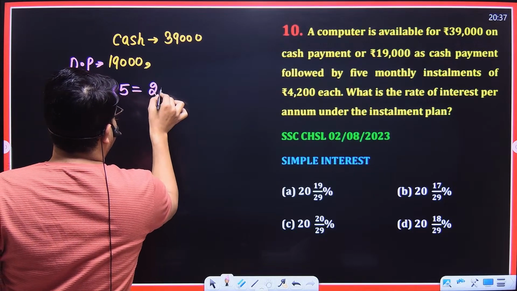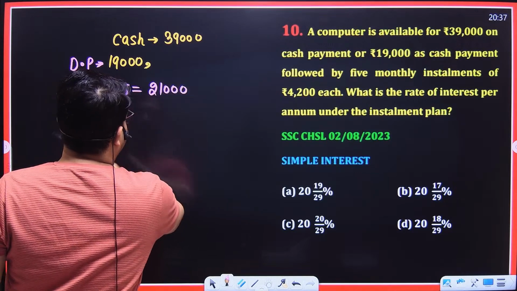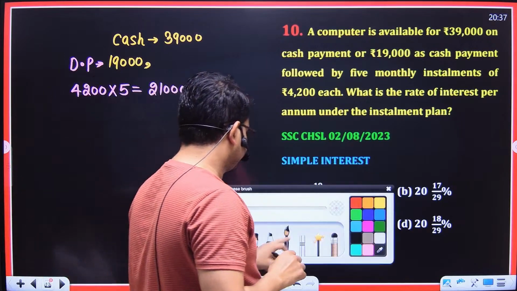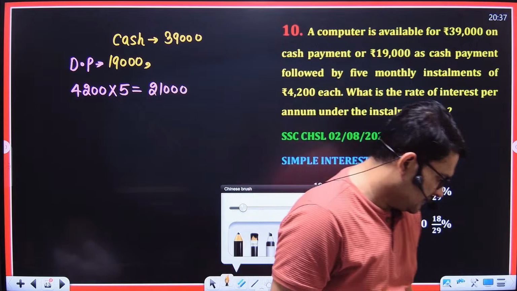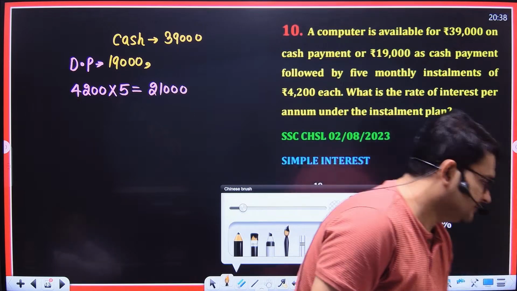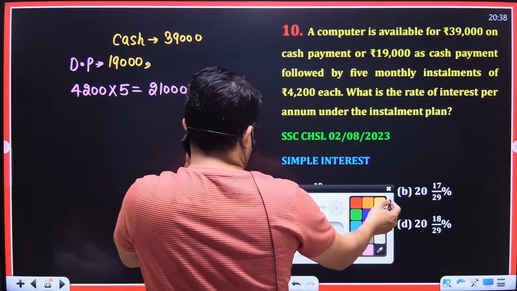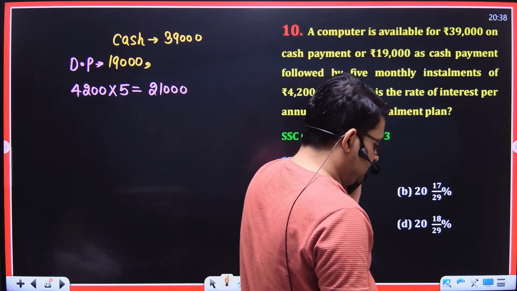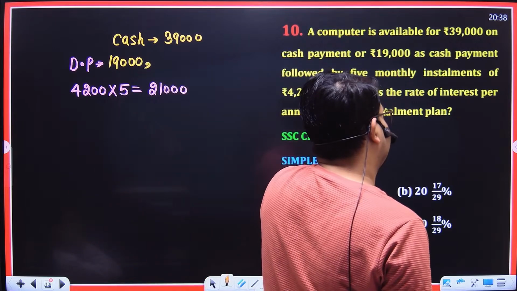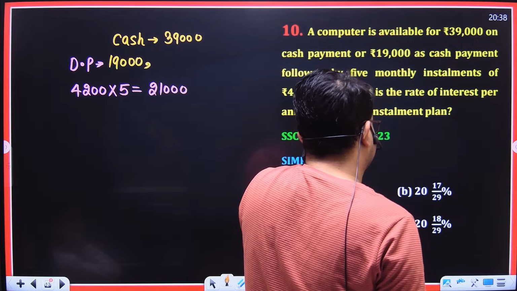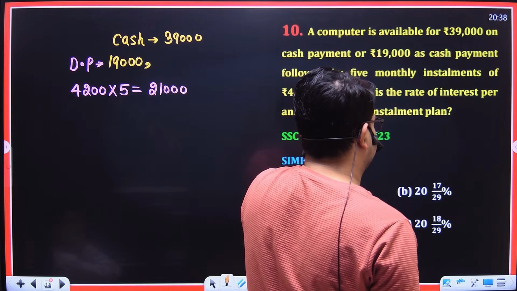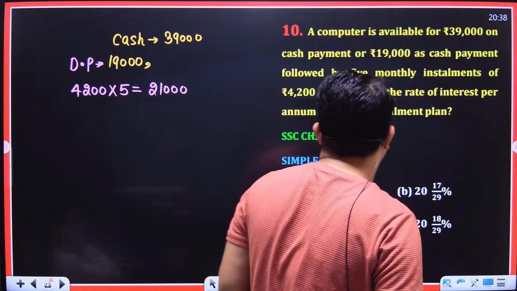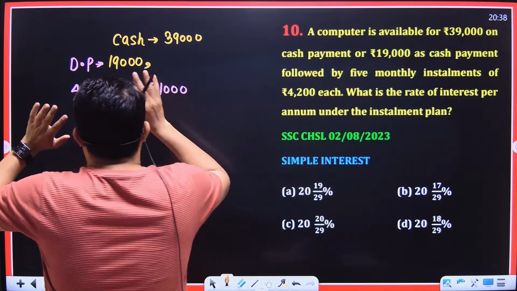It means 21,000 you are paying through installments and 19,000 through the down payment.